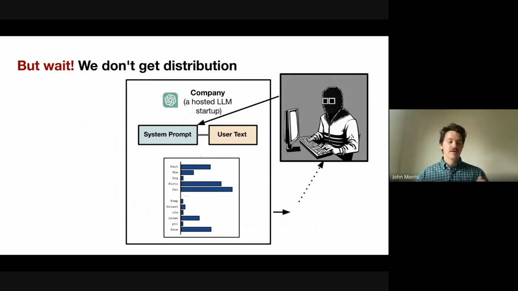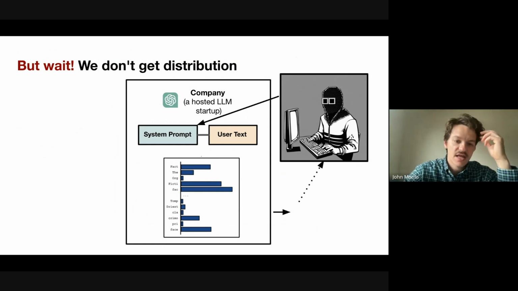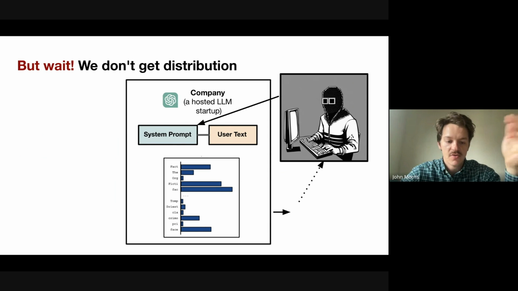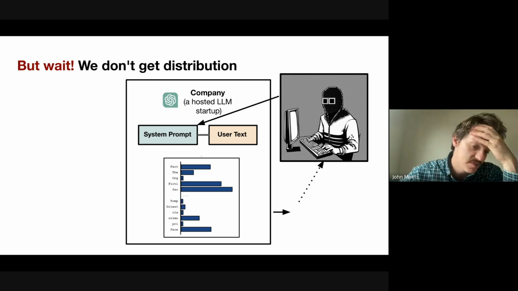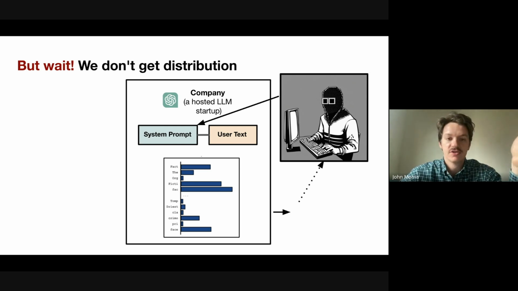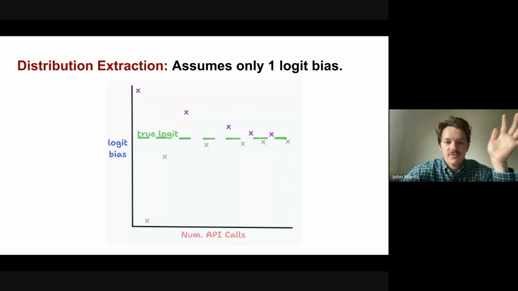For one token, it's basically a binary search to find the exact amount of logit bias to add to that token to make it the most likely one. This is kind of expensive. It takes a certain number of calls to get to a certain precision, and you have to run it for every token if they're not giving you any outputs. But this allows us to make many calls and recover the distribution from the language model. It's maybe not practical for classification, but if you're trying to recover a $1 million prompt, this is a really useful algorithm. Now I'm just going to breeze over the results.